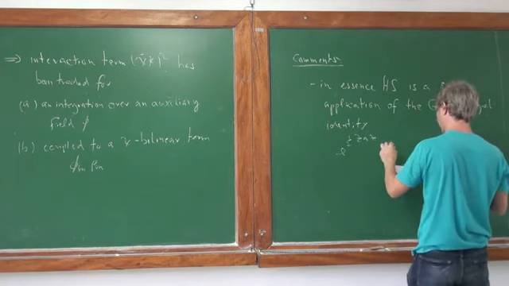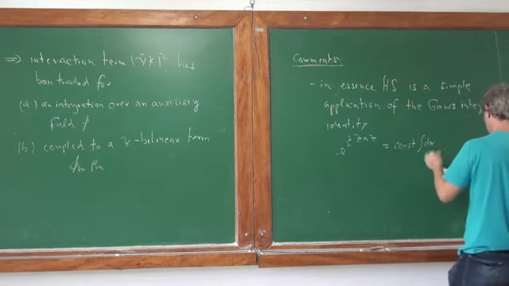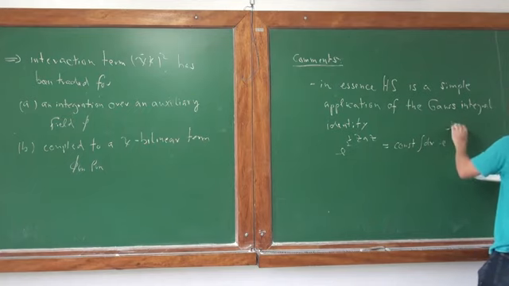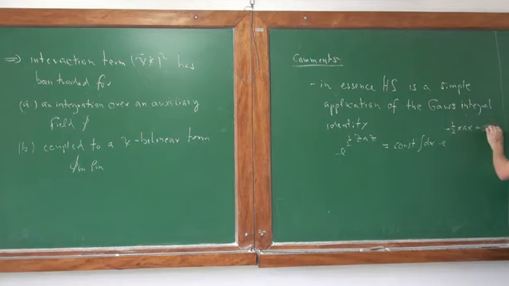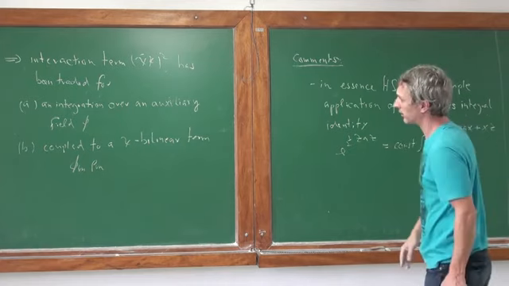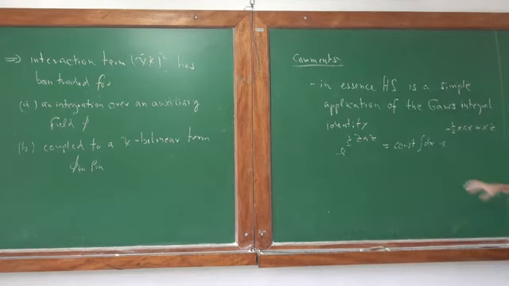So a quadratic term can be written as a constant times an integral dx e to the -1/2 xAx. I just write it here in a way that is just reflecting how we did it. So I mean, we're just talking about a very simple identity.